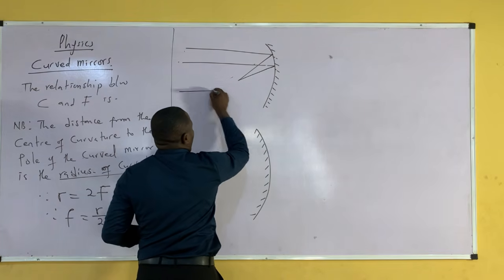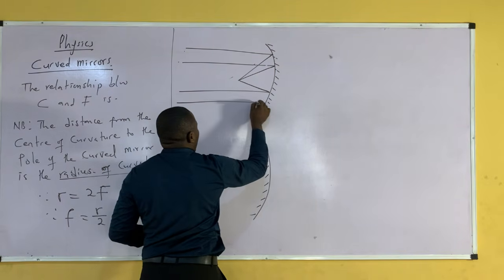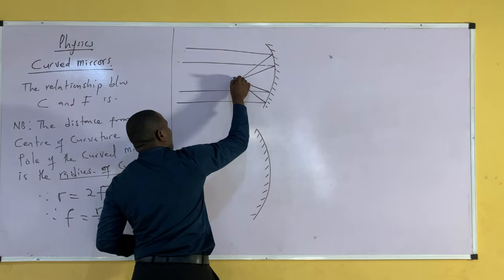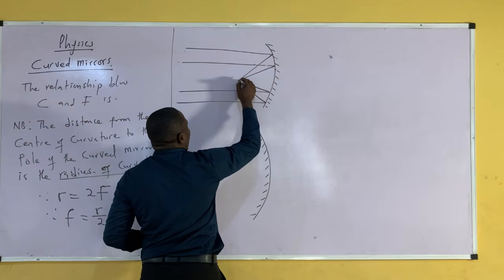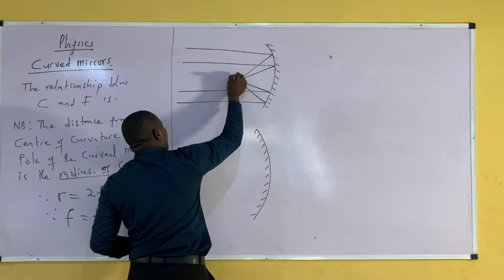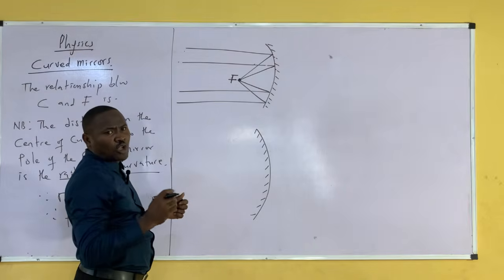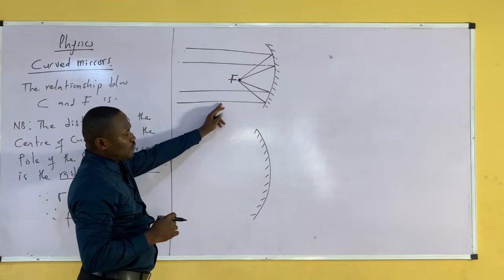If this is a ray of light, it will come over here, and this is a ray of light, it will come over here. Now, this point is called the focus. So the point where light rays converge is called the focus.